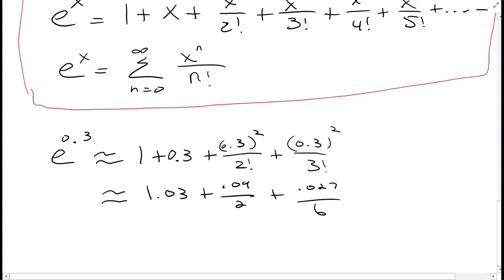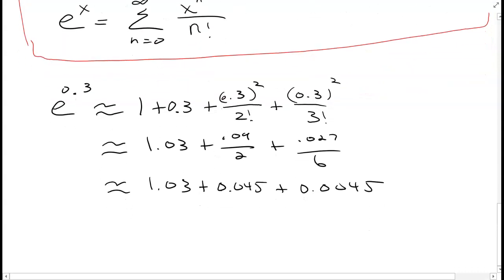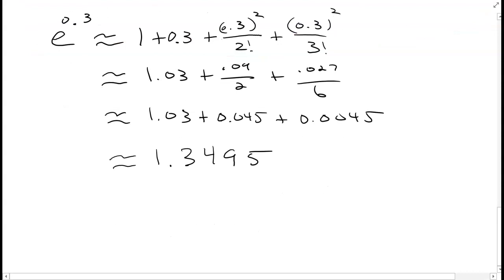So you'd have to do a little division. That's going to be about 1.3 plus 0.045 plus, that comes out to about 0.0045. There we go. Then I get 1.3495.